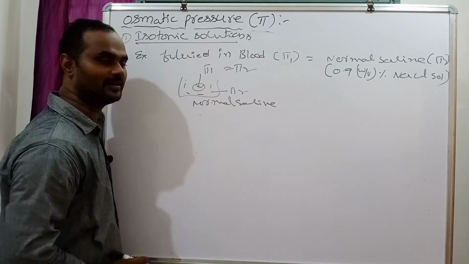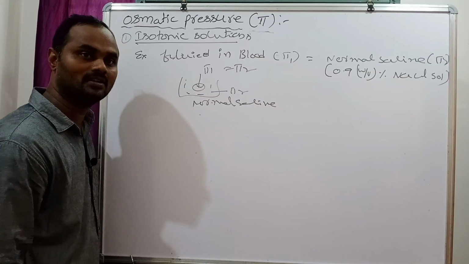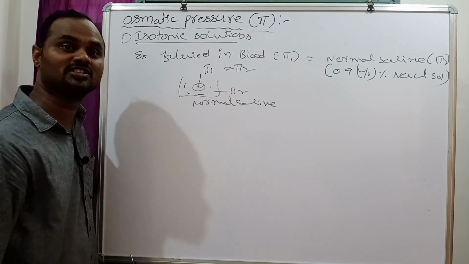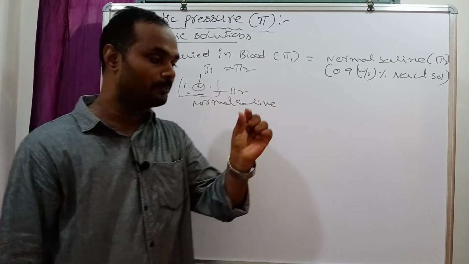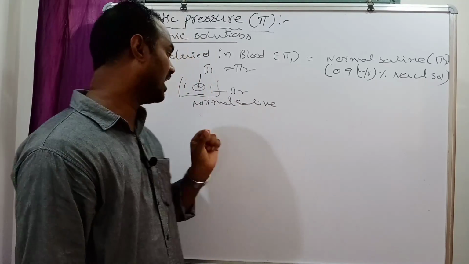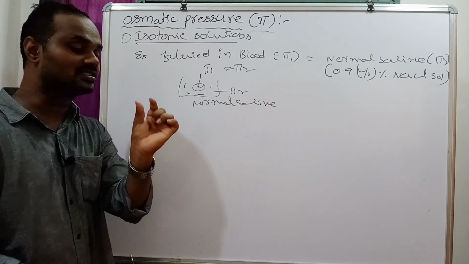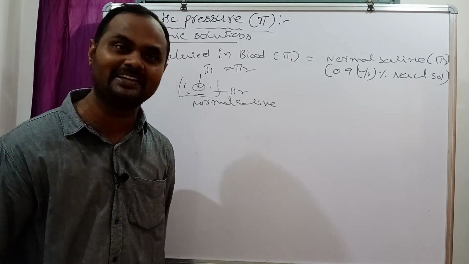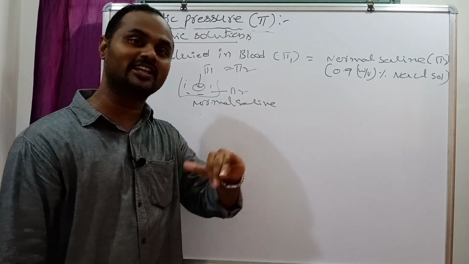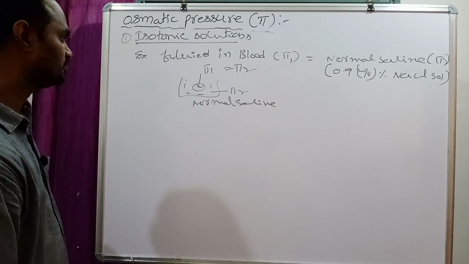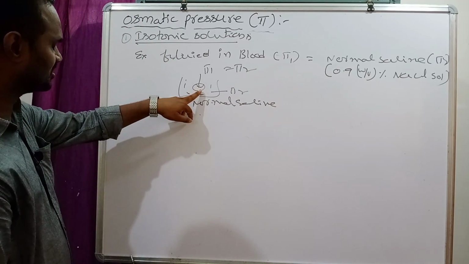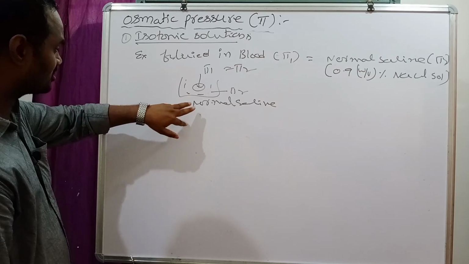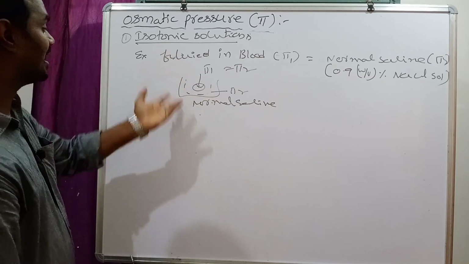These two are separated by the cell membrane, but no osmosis takes place. That's why when a blood cell is dipped in normal saline solution, cell size increasing or decreasing does not take place. Reason, there is no osmosis between normal saline and blood cell.